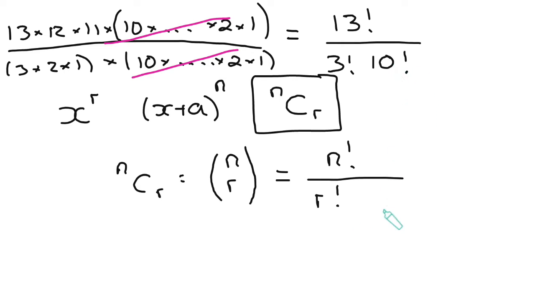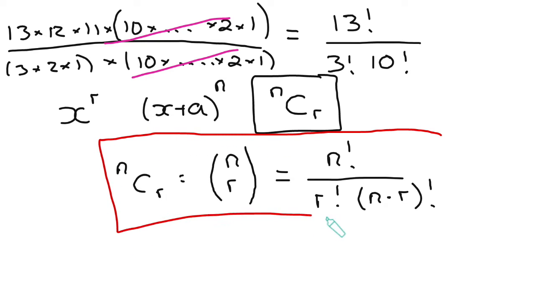And then this term is n minus r factorial. That's something you need to know, so you probably want to make a note of this, and it comes in really handy when we cover probability as well. So n choose r is n factorial over r factorial times n minus r factorial.